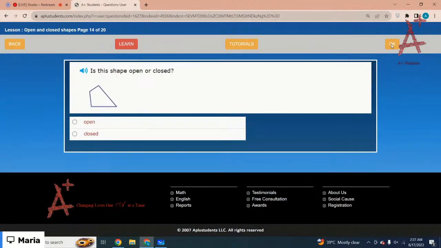Is this shape open or closed? Which is the correct option? The correct option is closed.